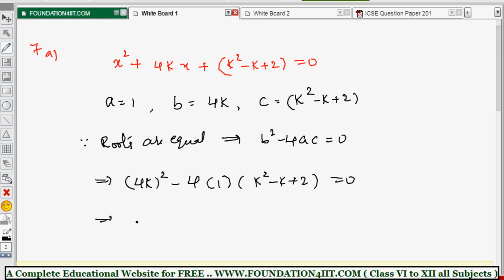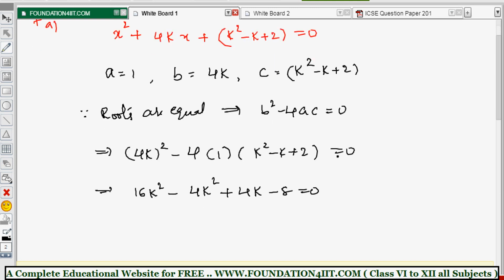So it's 4 square and k square you can apply, that is 16k² minus, with 4 you multiply: 4 into k² is 4k², minus into minus plus 4k, minus 8 is equal to 0. So it forms a quadratic equation.